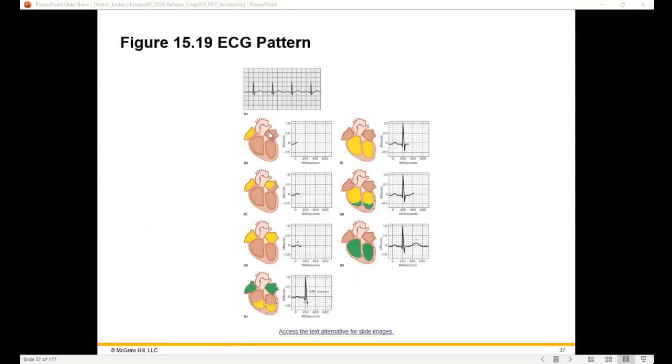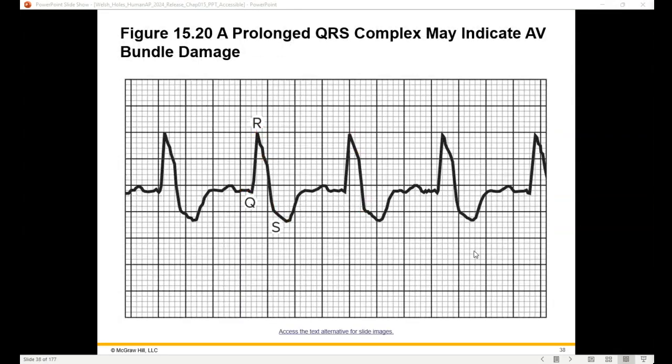Okay, and this shows the movement of the message basically through the heart in contraction and what each part of the wave stands for. So here we have the initial P and then the QRS and then ultimately the T. And again, some of the videos I've provided will go into details about this ECG as well and what each part means.